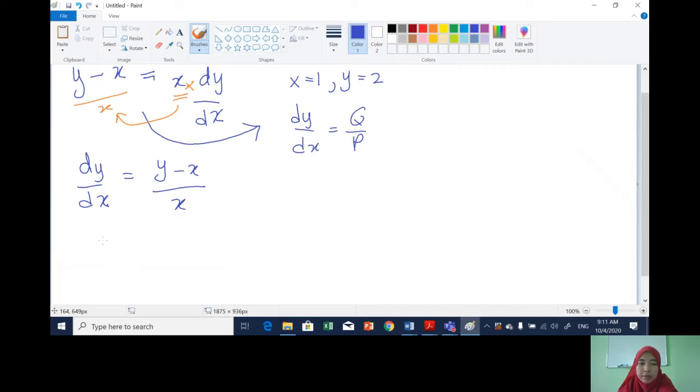The next step is to use the transformation. Remember, y equal to vx, and dy dx is equal to v plus x dv dx.